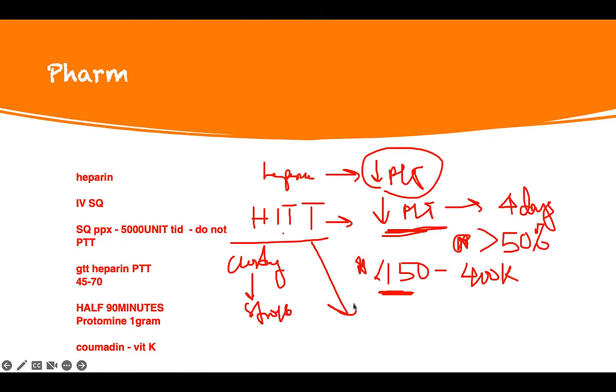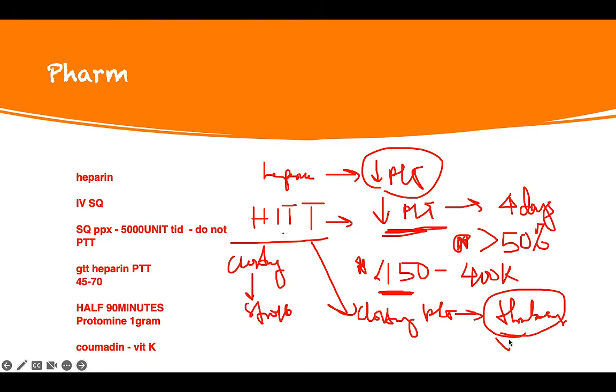In heparin-induced thrombocytopenia, it is the opposite. Now that you have HIT, your platelet is too low and you start clotting. Even though I'm giving you heparin so that you can bleed, your platelet is clotting now. And so your risk is thrombosis more than bleeding.